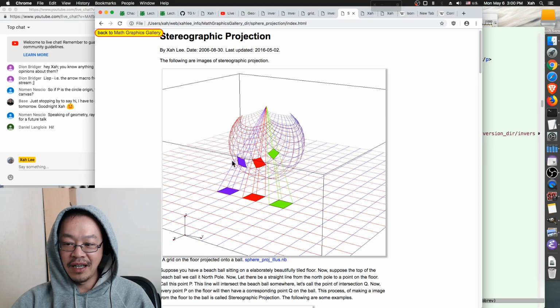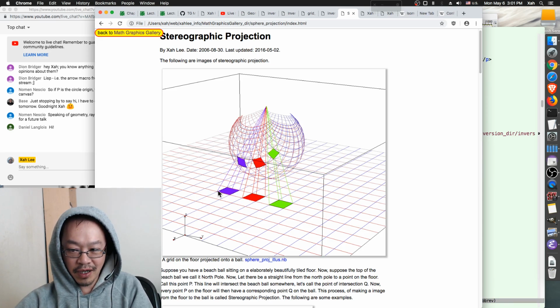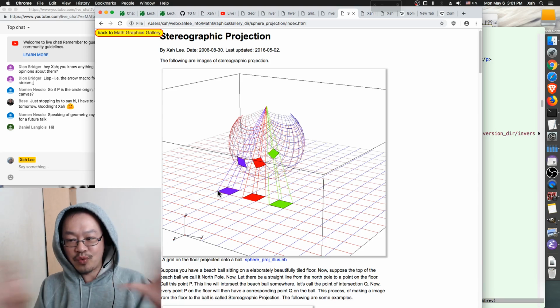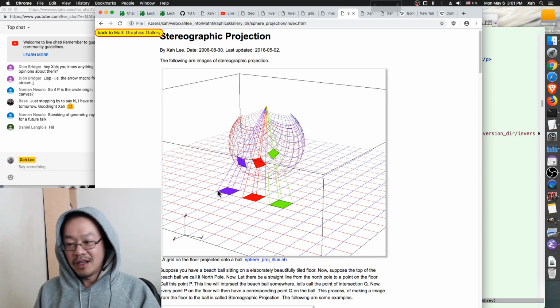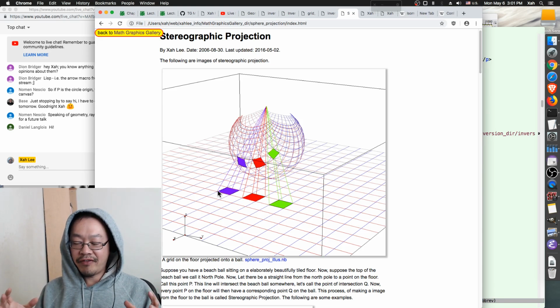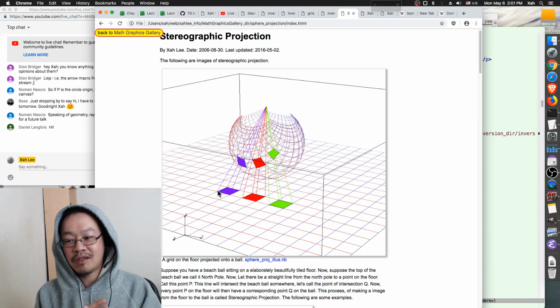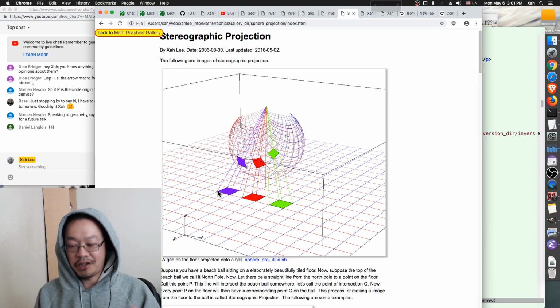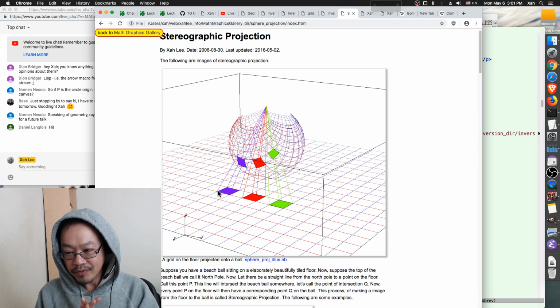You draw a line, and the line will intersect the sphere, and that intersection is the corresponding point to the point on the plane. By this method, by this rule, by this function, we have a map between any point on the sphere and any point on the plane. And this approach is called stereographic projection. Okay, that's the name of it.